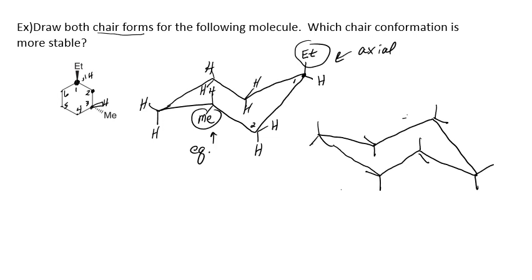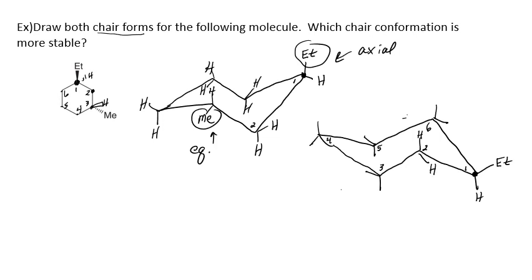And remember, if this is carbon 1, carbon 1 is right here. 1, 2, 3, 4, 5, and 6. My ethyl group is on carbon 1, and it's on the top face of the ring. Hydrogens on the bottom. On carbon 2, we have 2 hydrogens.